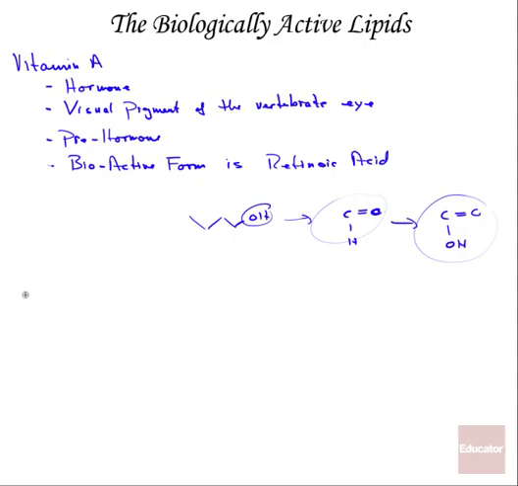Okay, so let's talk about vitamin E a little bit. Vitamin E, okay. They are called tocopherols. So when we talk about vitamin E, we're not talking about just one particular molecule. I gave you a picture of one particular molecule.